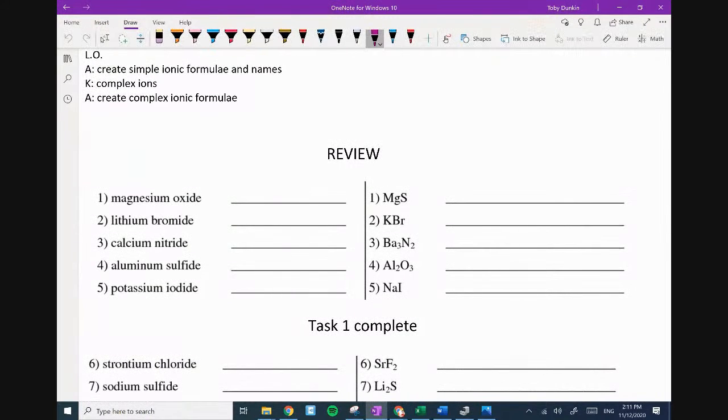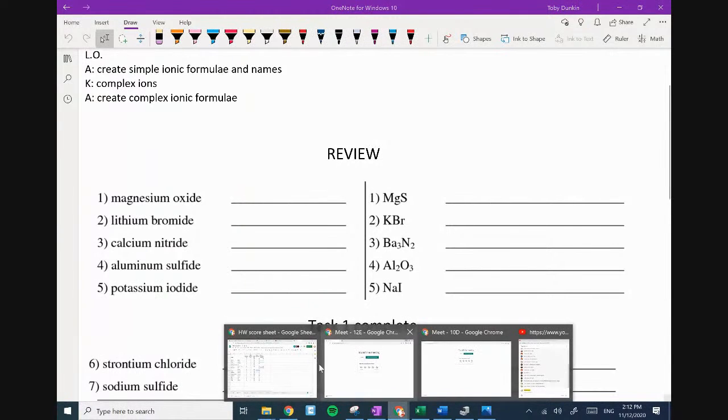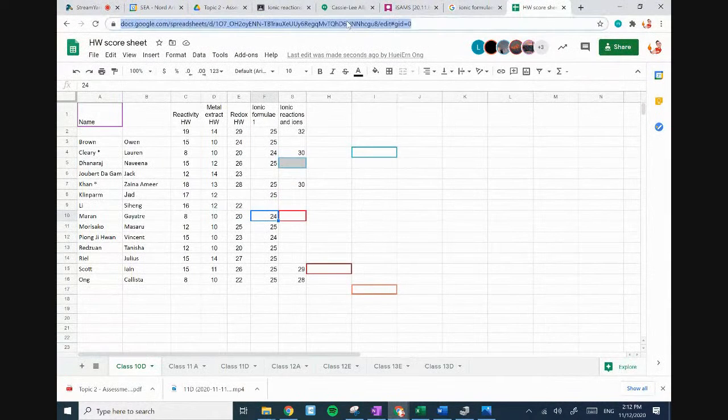Okay, so today's lesson. First of all, I want to do a bit of naming. We haven't done an awful lot of naming, and it's nice just to, where is the link for the score sheet from Jack? Oh, can someone give Jack the score sheet link? I don't have a huge amount of time left on my lesson, and I don't want to spend ages doing it.